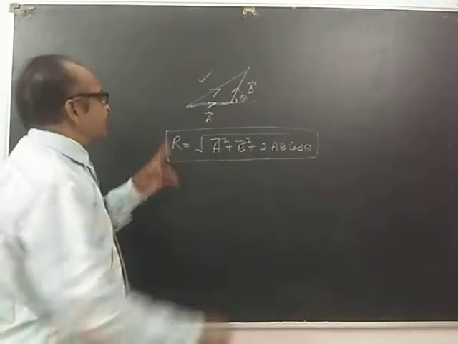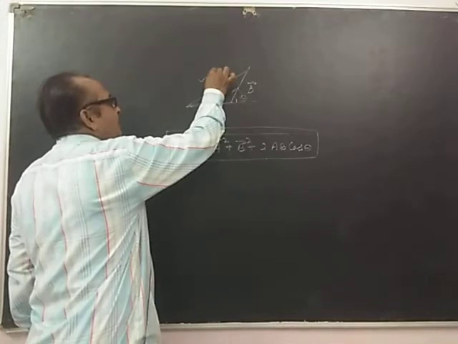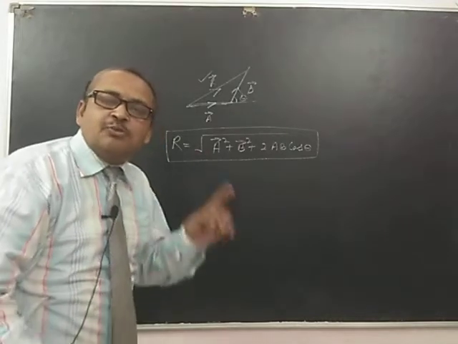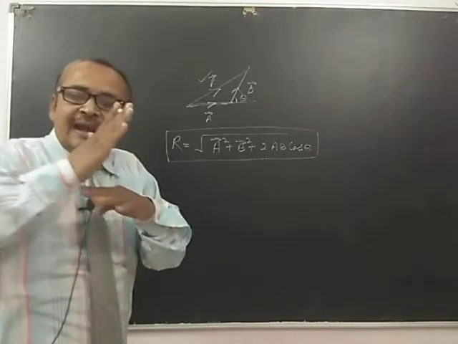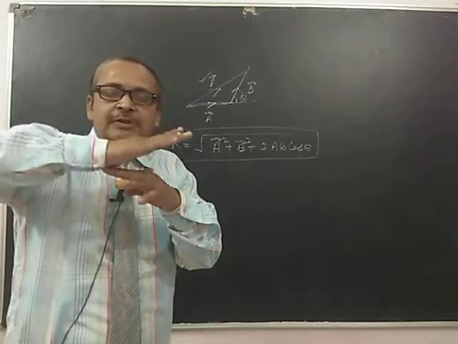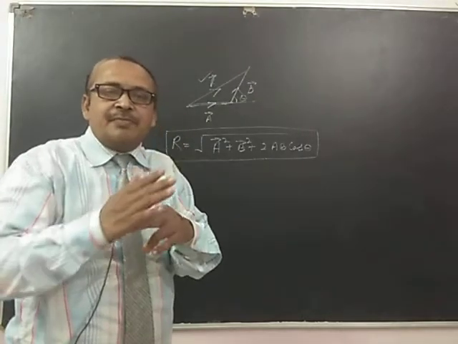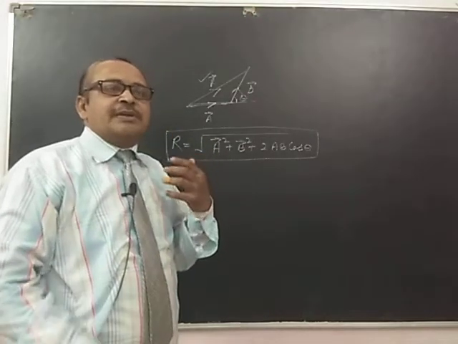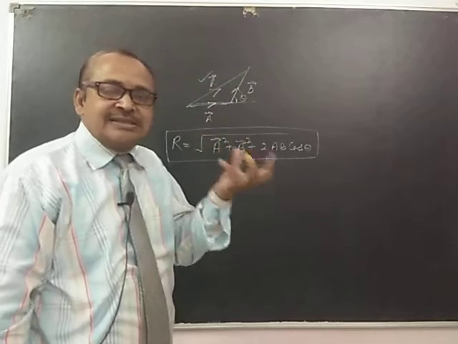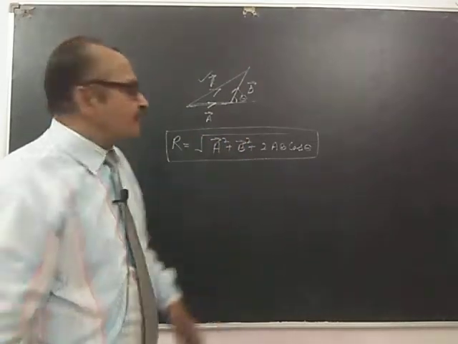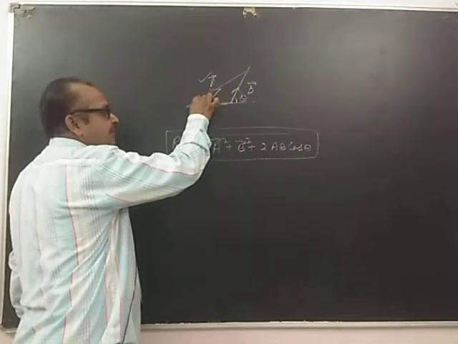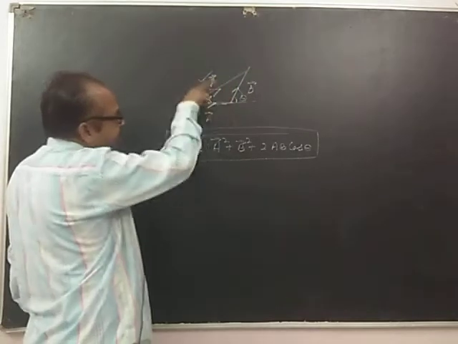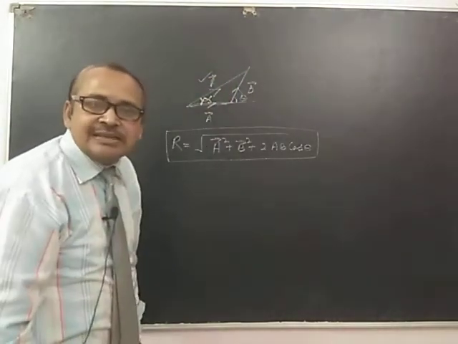Now sometimes we have to find the nature of the resultant, that means the angle of inclination of the resultant. Just remember whether we want to find the angle with reference to the x-axis or the y-axis. Let us presume this is the angle which the resultant makes with the x-axis.